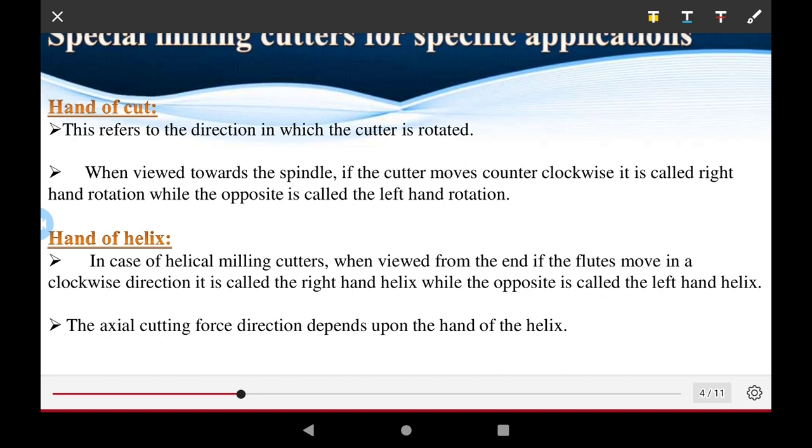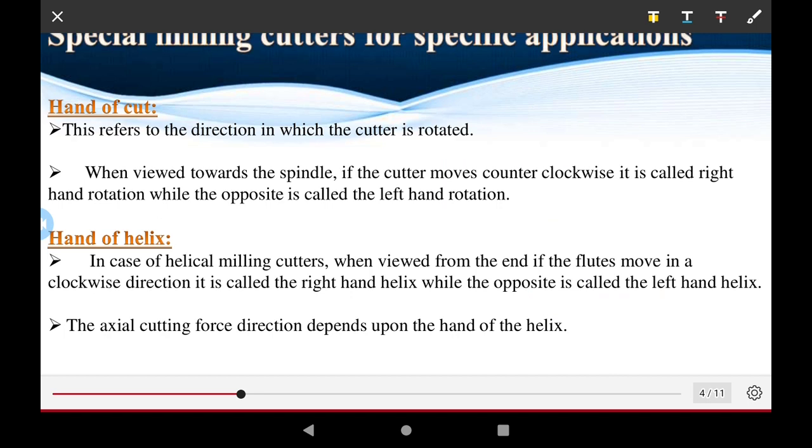With the help of the grooves of the shank, if it moves in the clockwise direction it is called the right hand helix, while the opposite is called the left hand helix angle.